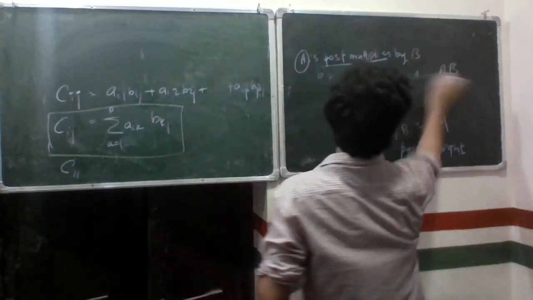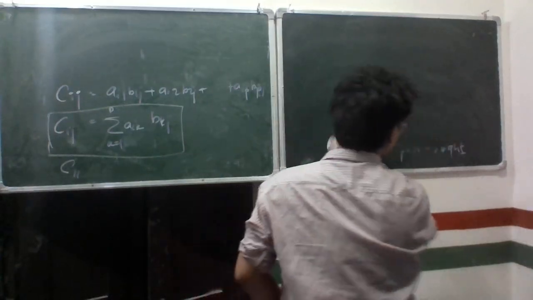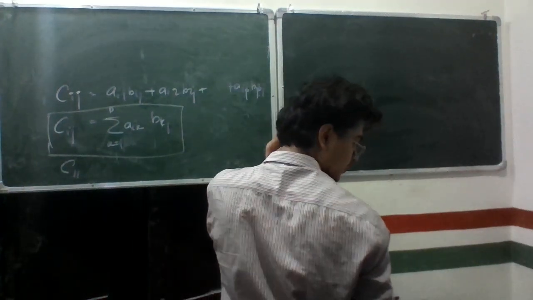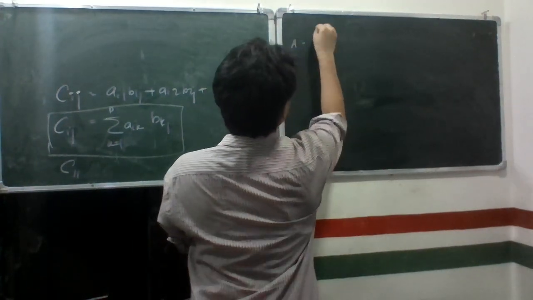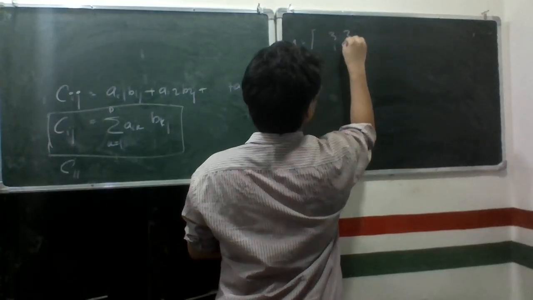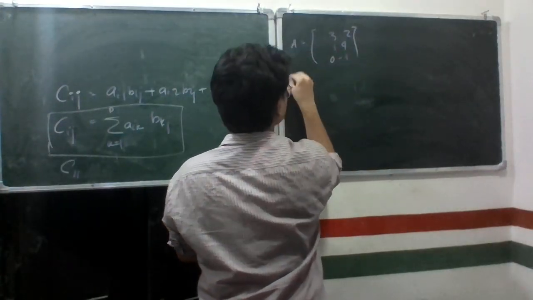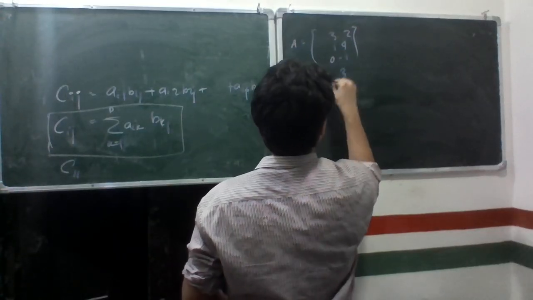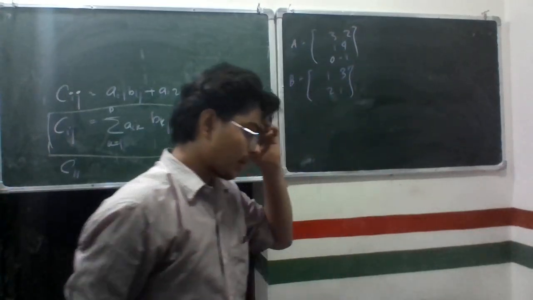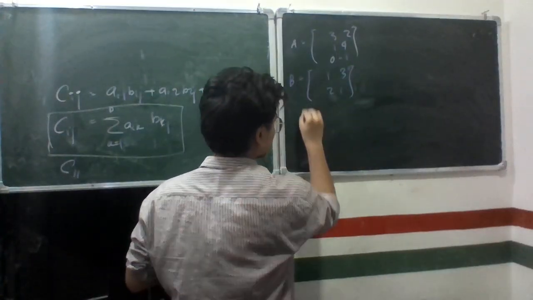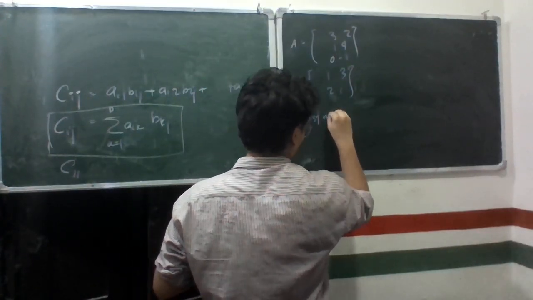Let's suppose we have A, which is given by 3, 2, 1, 4, 0, minus 1, and let's suppose B is 1, 3 and 2, 1, and let's say we multiply this by post multiplication.